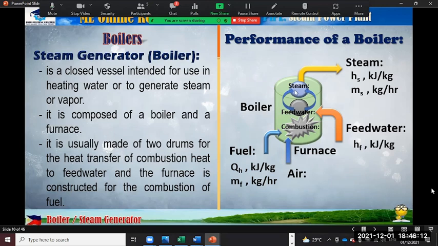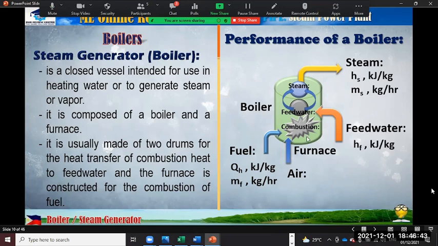The steam will be deposited on this second container, and it will be held as long as the temperature or the pressure is not yet attained. But the moment the requirement is achieved, it will be delivered towards the steam turbine.